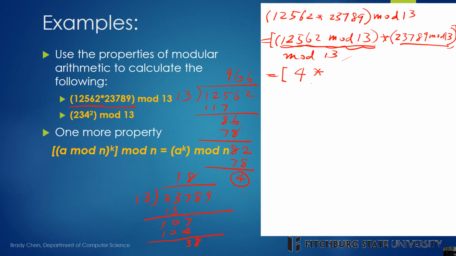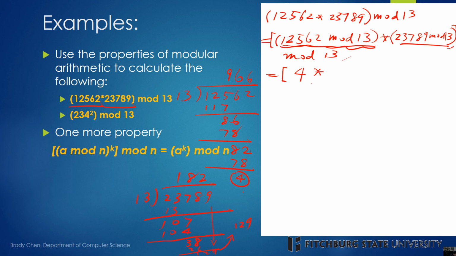Then we put the 2, 26, and we get 120, and then bring down the 9, so we have 129.